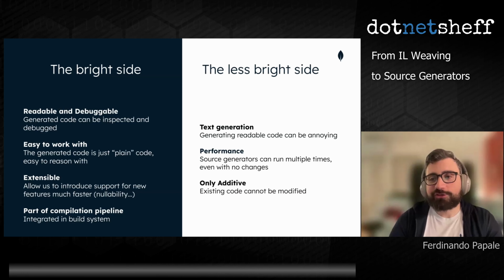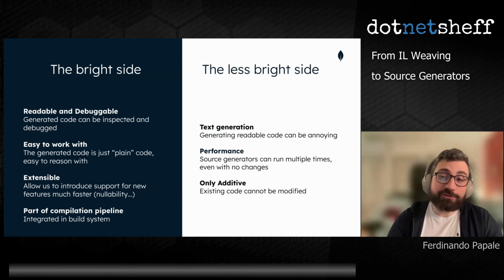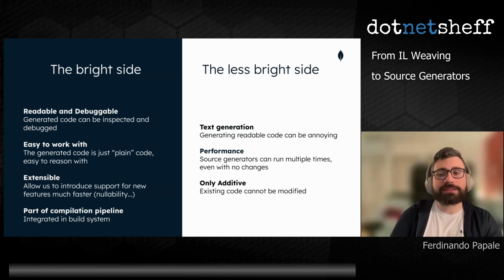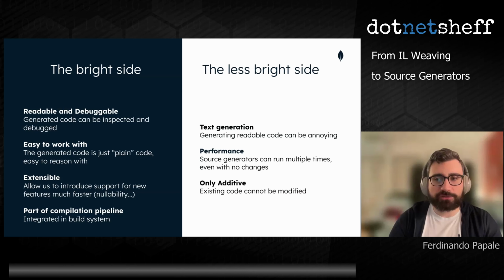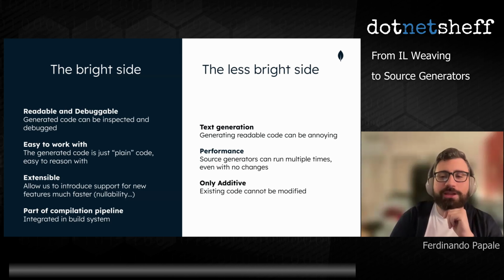But if you want to let developers read the code that you're generating and make it readable, you need to spend some time, because you don't get any help from the source generators regarding auto formatting. So you need to take care of the spaces, the new lines, and so on. I have to admit this is a small thing, but I thought it was worth mentioning.